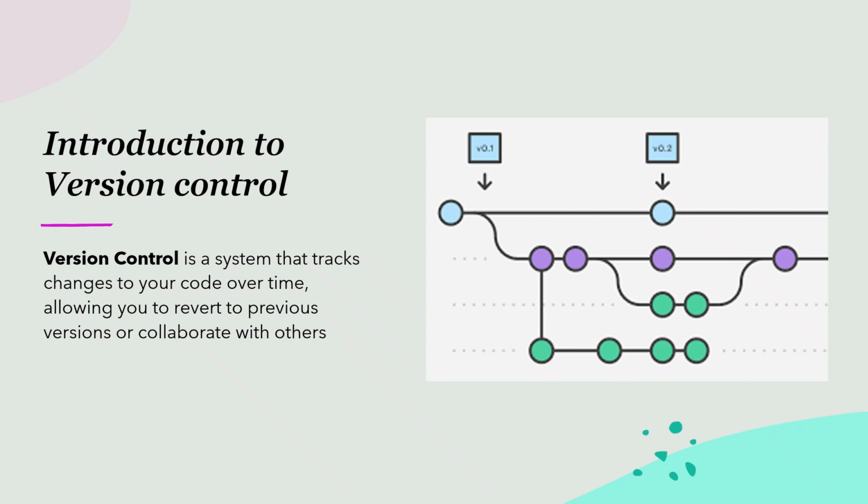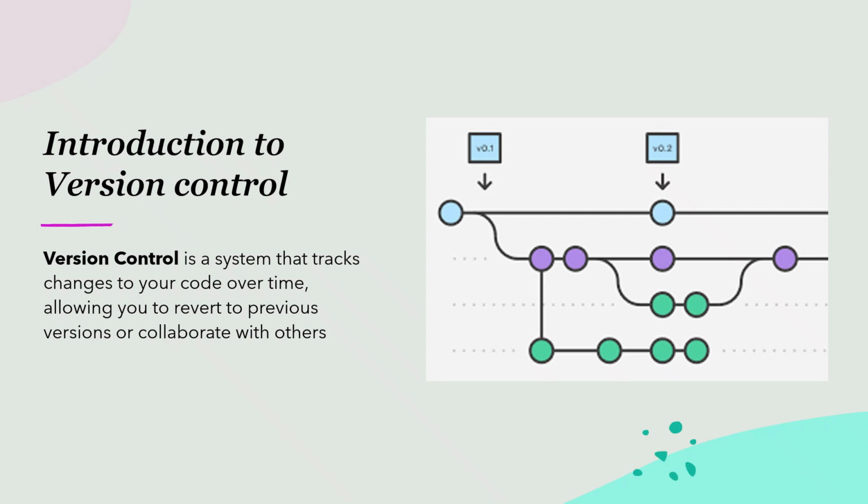It is like an ultimate coding timeline travel tool that empowers you to experiment fearlessly, knowing that you can always go back to a working version of your software development lifecycle. Essentially, version control is a fundamental pillar of modern software development, enabling teams to work collaboratively and efficiently within projects.